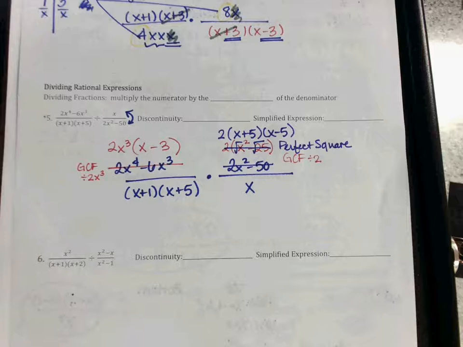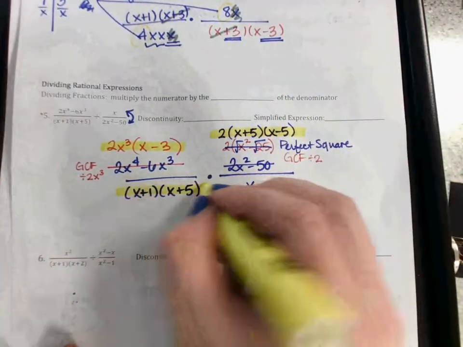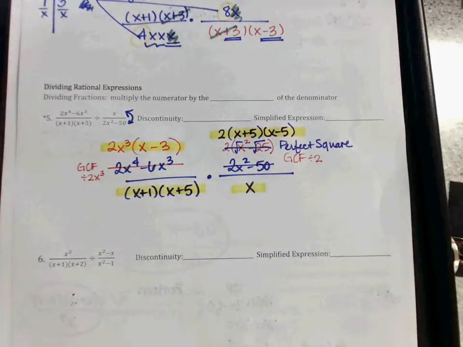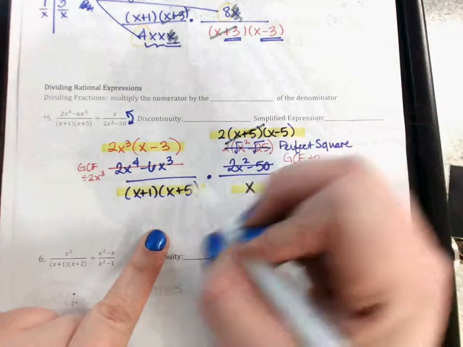So what I have now is, I'll highlight the important parts. Okay, but these are your 2 tops, and then your bottoms have just kind of stayed the same. So you have this on top, this on top, this on bottom, this on bottom. Okay, so what can cross out? Okay, the x plus 5s can cross out.